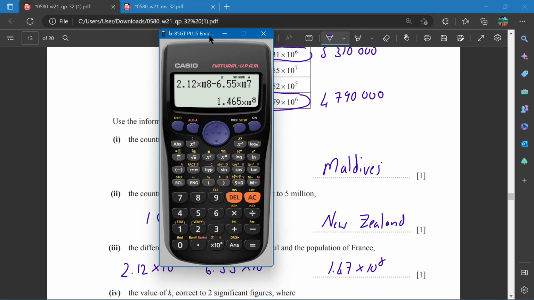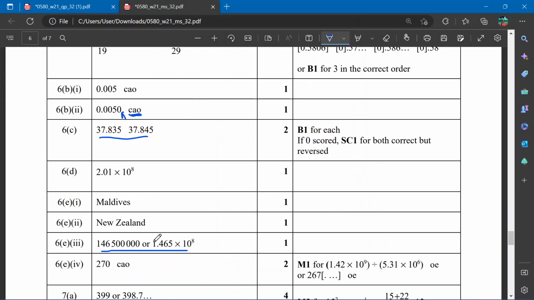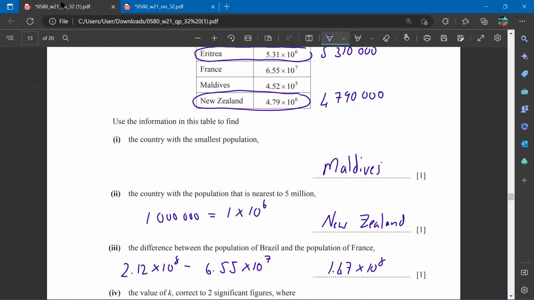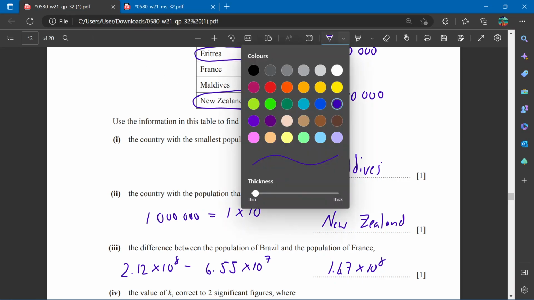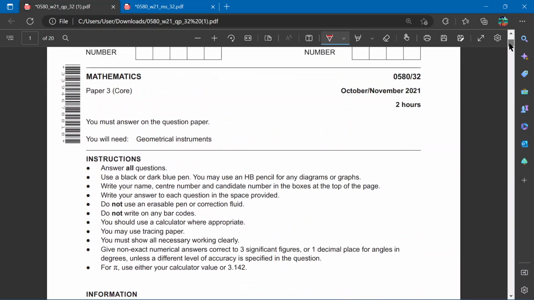Okay, of course there's other ways of doing it. So you can change them to normal numbers and then have the answer as a normal number like that, which is more accurate. So, you know what? I'm gonna be very strict here and say, this is wrong. You should go for 1.465 times 10 to the power of 8. Partly because they say at the beginning of the paper as well, give non-exact numerical answers correct to 3 significant figures and 1 decimal place for degrees.